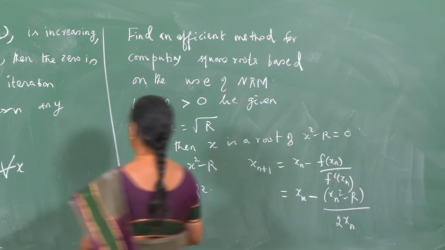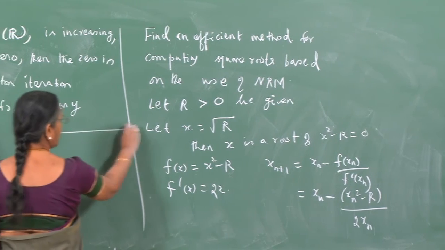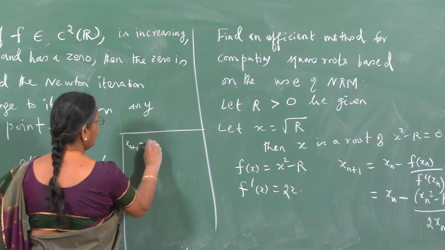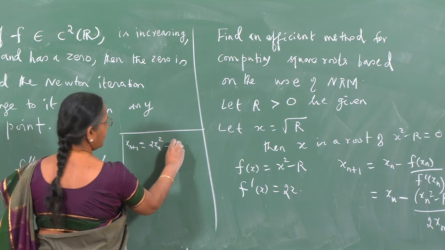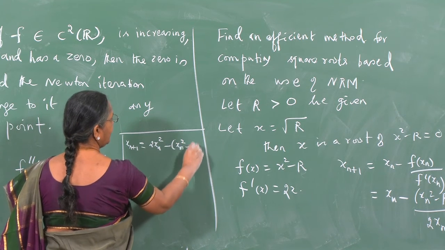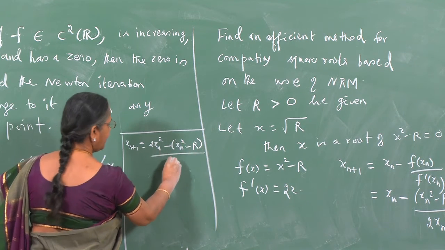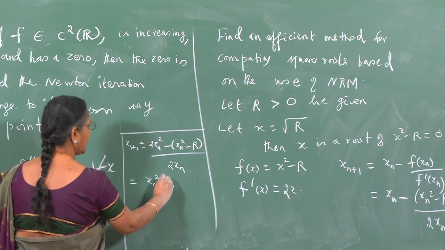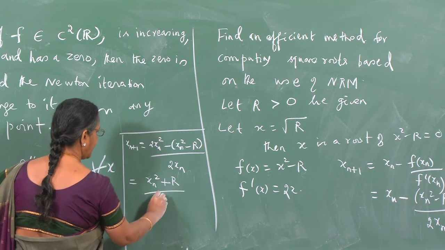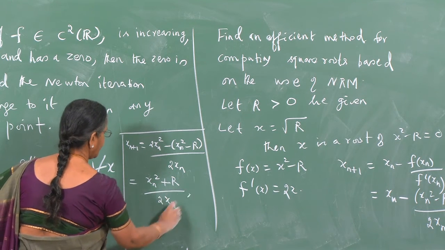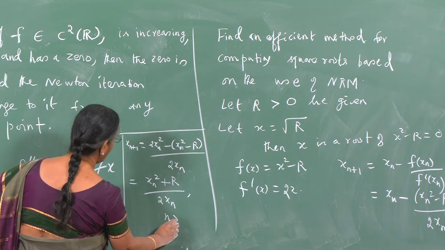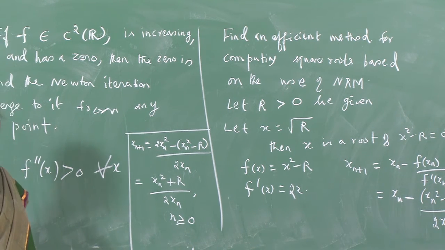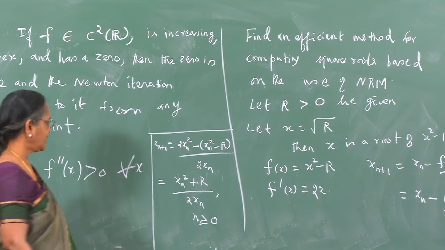If you simplify this, you get x n plus 1 equal to (2 x n square minus x n square minus r) divided by 2 x n. So, it is (x n square plus r) by 2 x n, for n greater than or equal to 0. Start with an initial approximation x naught.